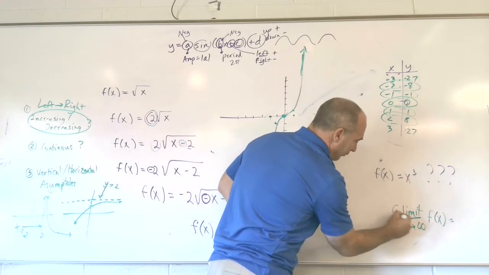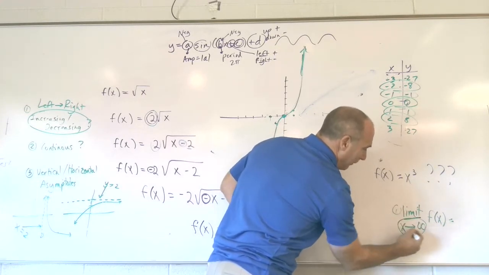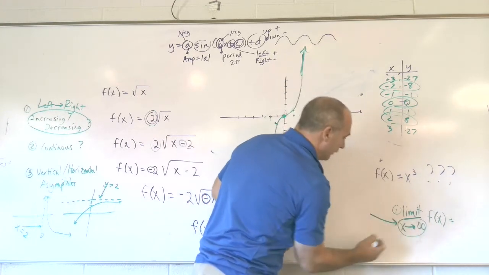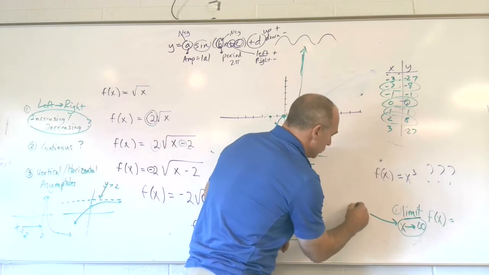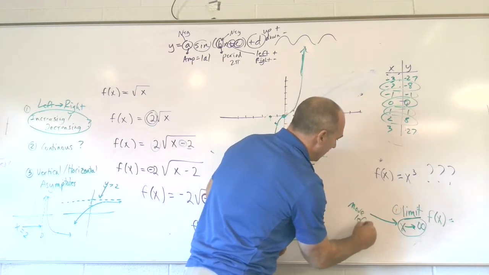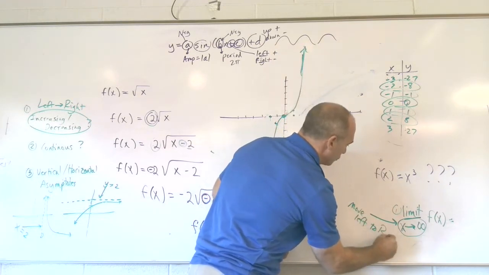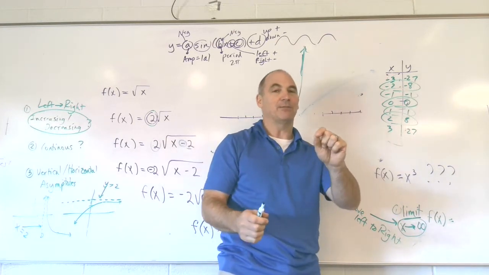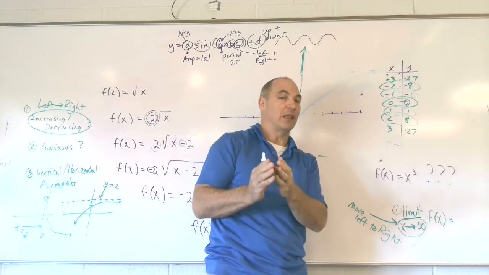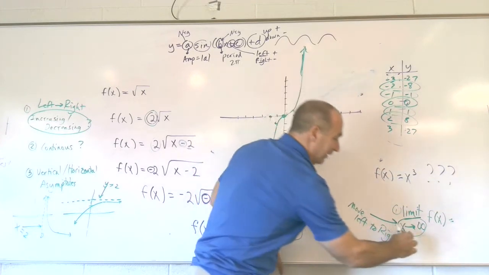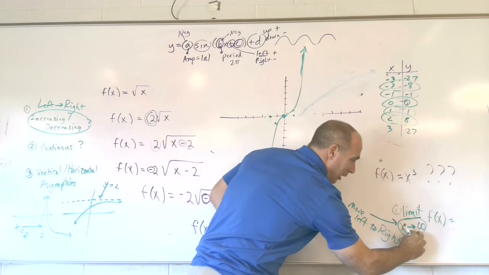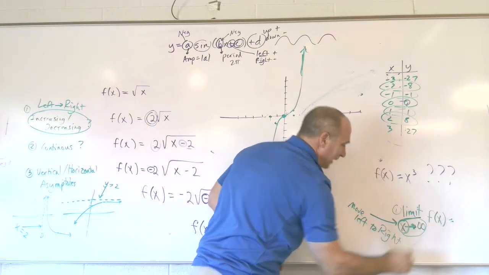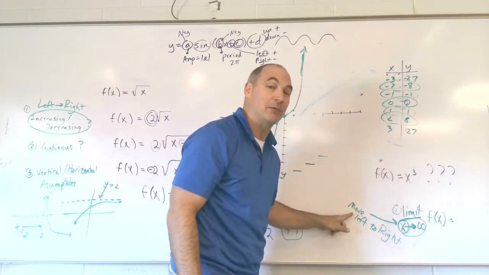You say that first, then you say, as x approaches infinity. That's a fancy way of saying, hey, move left to right. Just like I said, when you're calculating if it's decreasing or increasing, you move left to right. This is giving you instructions to go along the graph left to right as your x moves towards infinity. That's a different fancy way of saying move left to right.